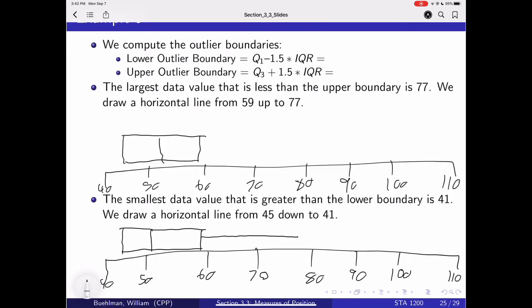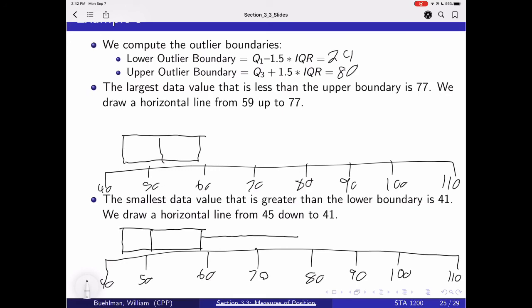Now we're going to calculate the upper and lower outlier boundaries, which are going to be the whiskers of our box plot. So first, to calculate the lower outlier boundary, it's Q1 minus 1.5 times the IQR, which remember was 24 from before. And the upper outlier boundary is Q3 plus 1.5 times the IQR, which remember was 80 from before.